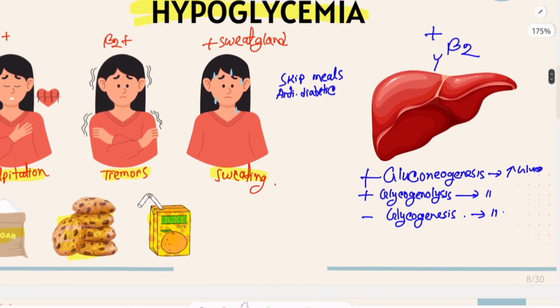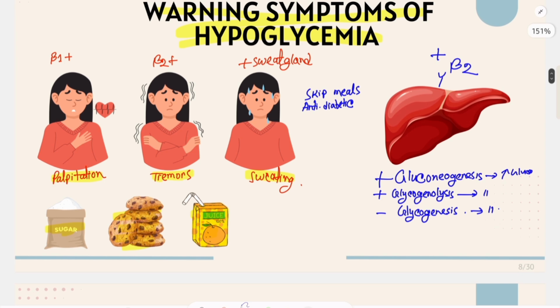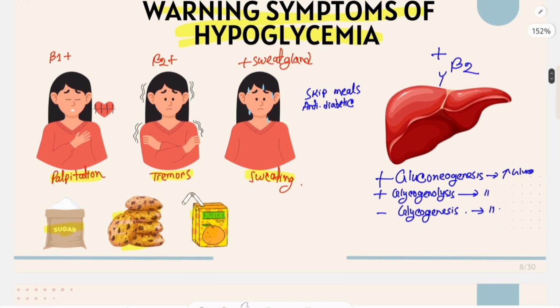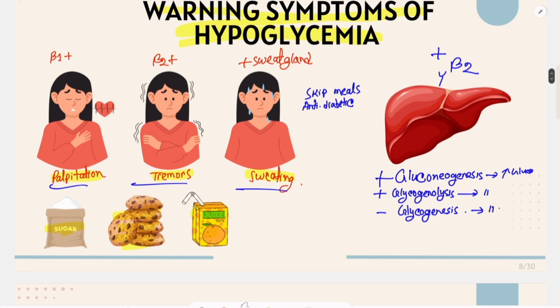That's why the sympathetic system is very important to protect against hypoglycemia. It protects by two main mechanisms. One is by showing the warning symptoms, palpitation, tremor and sweating, and the other is by reversing hypoglycemia. This is the reason that beta blockers are very dangerous drugs in a diabetic patient.